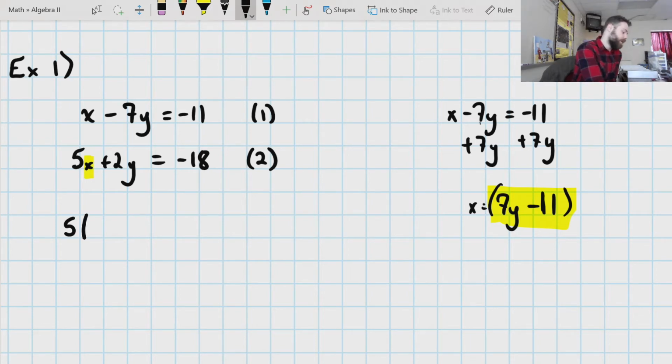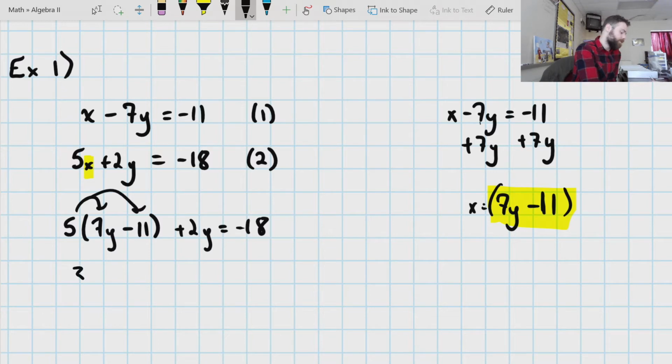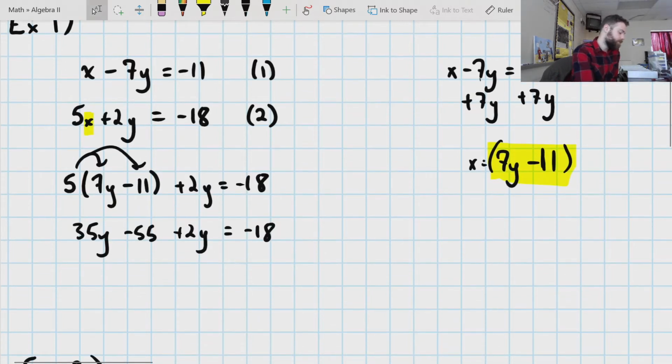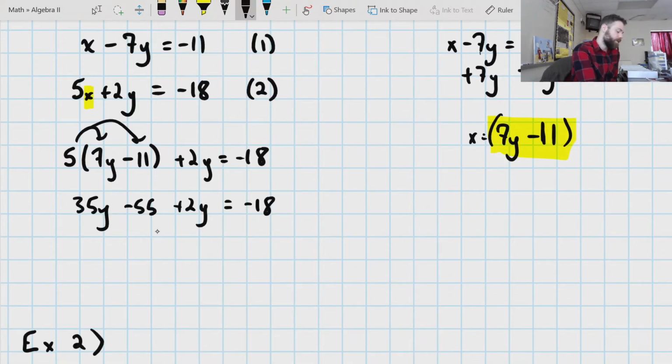So I'm left with 5 times (7y minus 11) plus 2y equals negative 18. 5 distributes, and I'm left with 35y minus 55 plus 2y equals negative 18. Okay? Then 35y plus 2y are like terms, so I get 37y minus 55 equals negative 18.